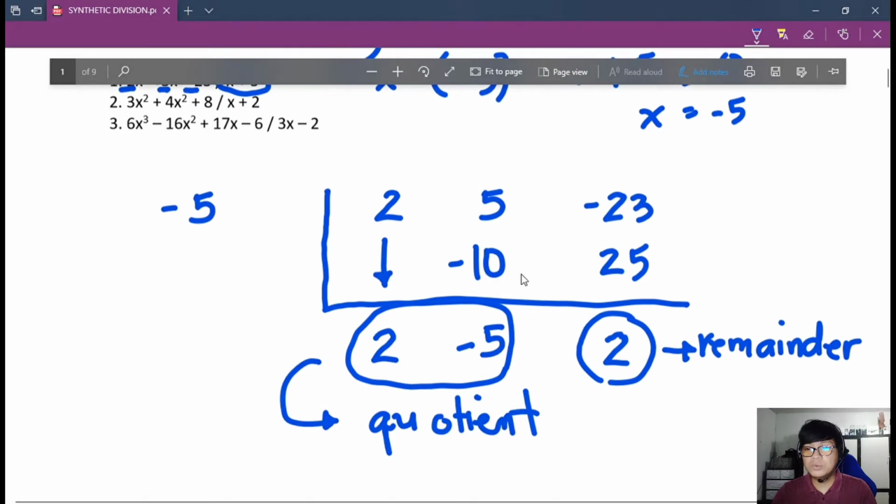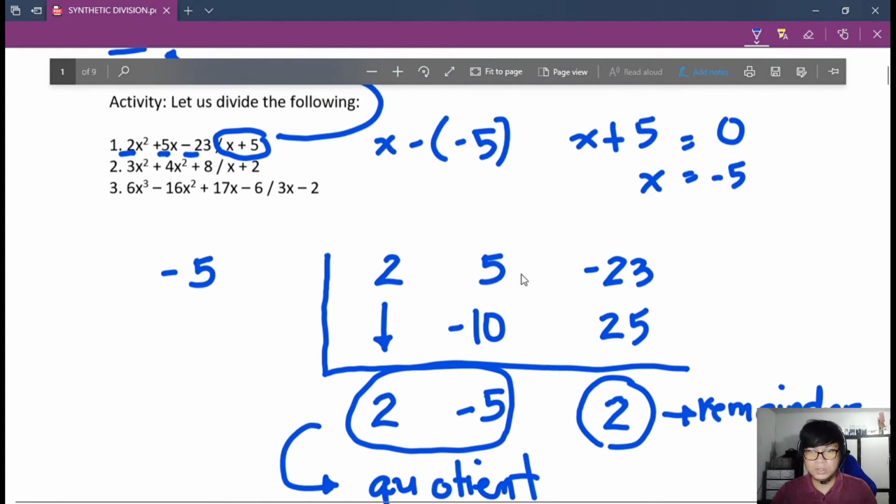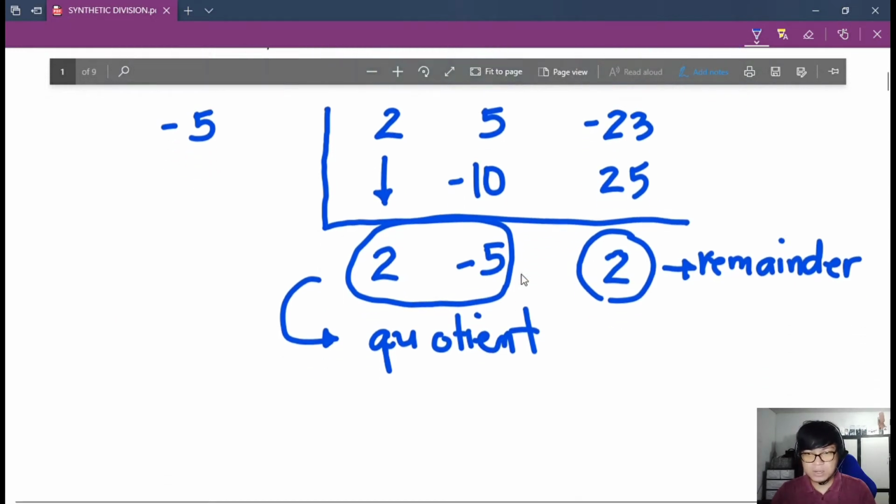Pero we have to present our answer, our quotient, in polynomial expression also. So we have to supply x. Ang mangyayari, since yung degree ng ating dividend is 2, less 1 power lang ang magiging quotient natin. Ibig sabihin, 2 minus 1 is 1. So, x. So, our first term sa ating quotient is x.